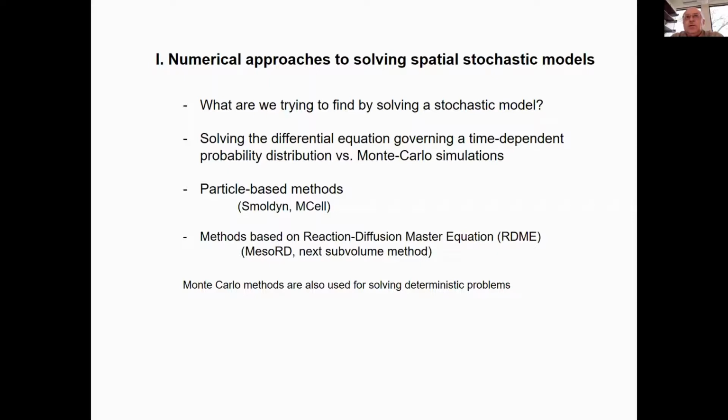For the well-mixed model, the system is quantified in terms of copy numbers of molecules. And so basically your probability distribution function is defined on the space of all those possible combinations of copy numbers.